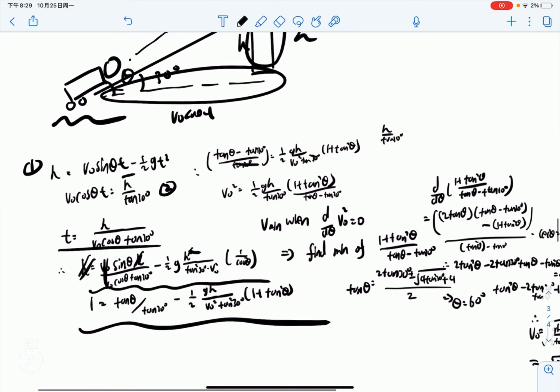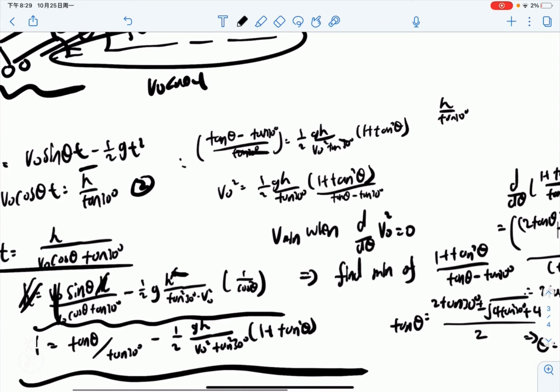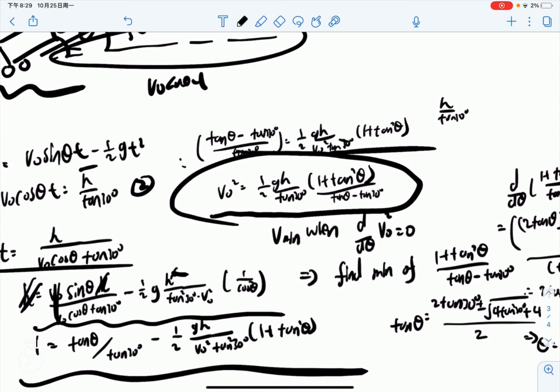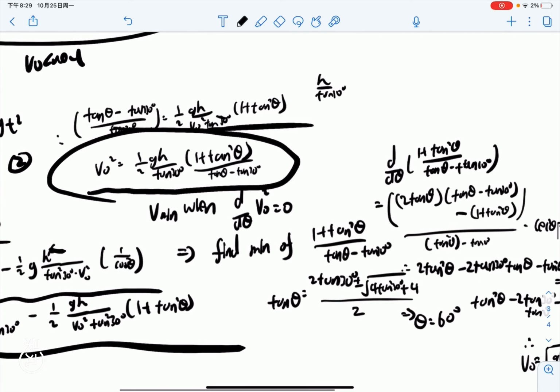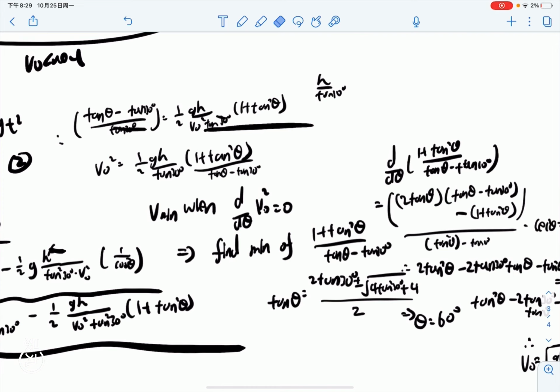So we can rewrite and get the equation of v0 as a function of theta, and we can find v minimum by using this. So basically the derivative of v0 is going to be 0.